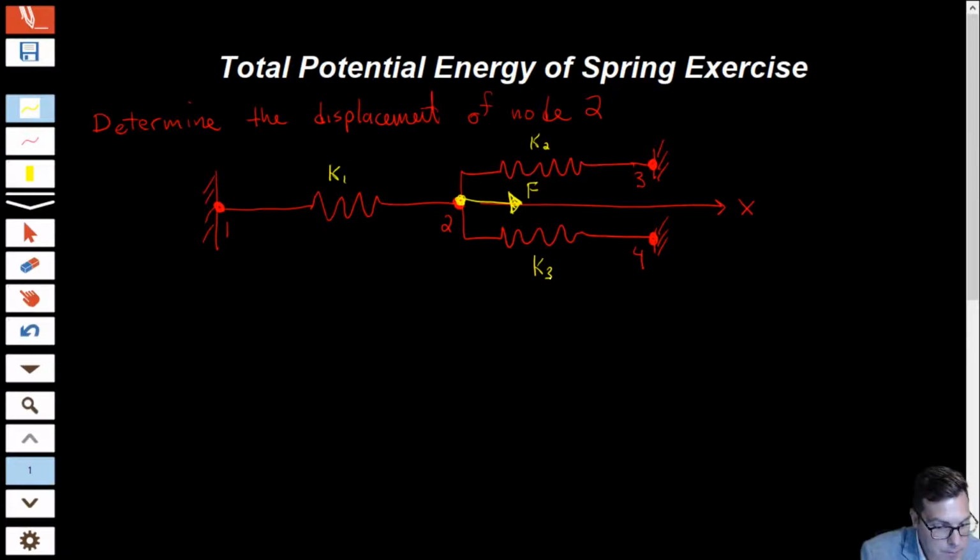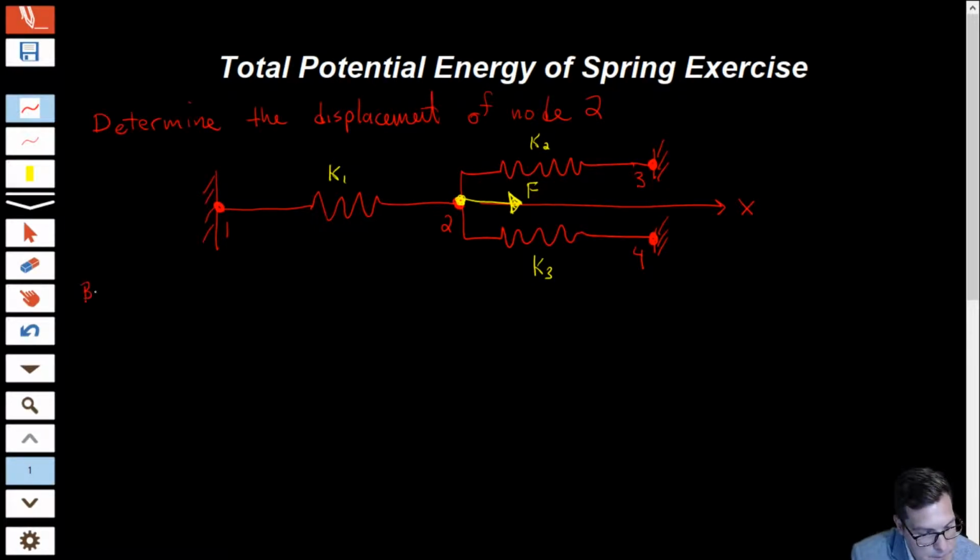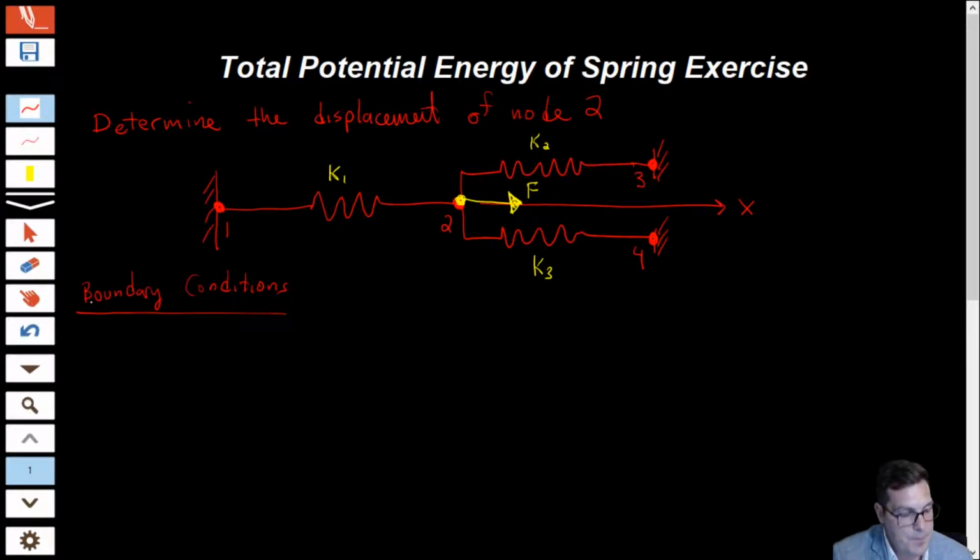We can write some boundary conditions down here that will help us out. So d, the displacement at node 1, d1x is going to equal 0.